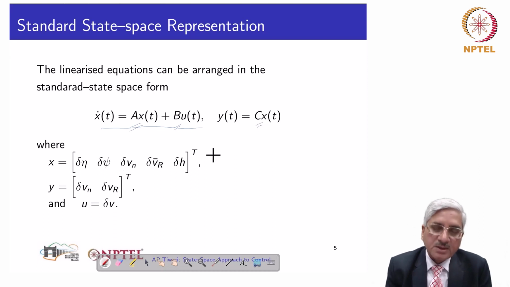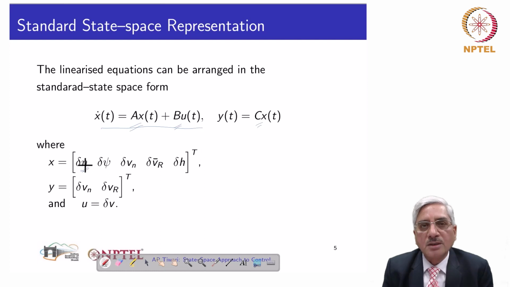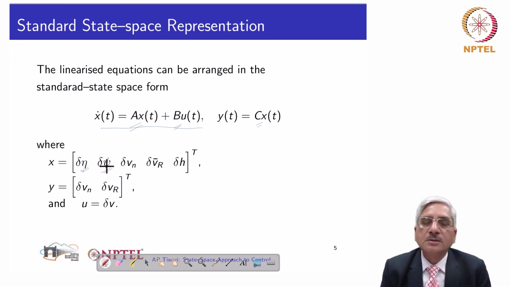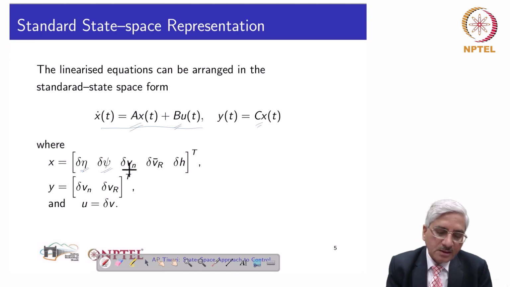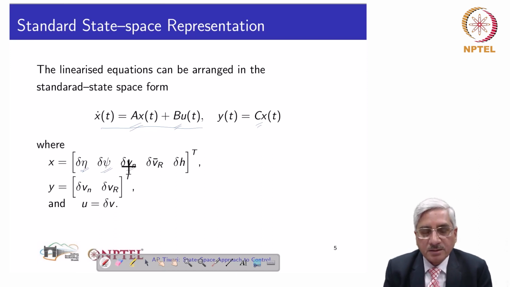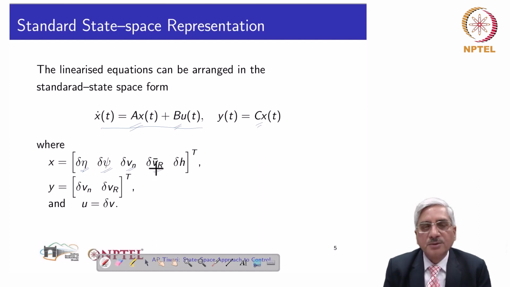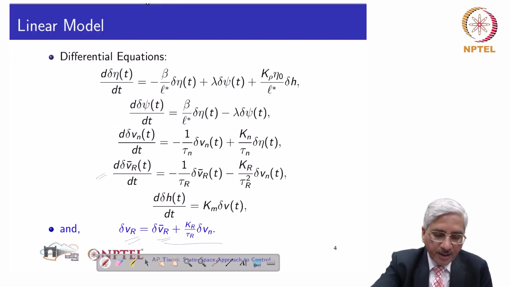This is the choice of state. First state variable is change in neutron density from the steady state value, change in delayed neutron precursors concentration from its steady state value, change in linear voltage from its steady state value, change in this state, which is not the rate voltage but a quantity which is a combination of rate voltage.